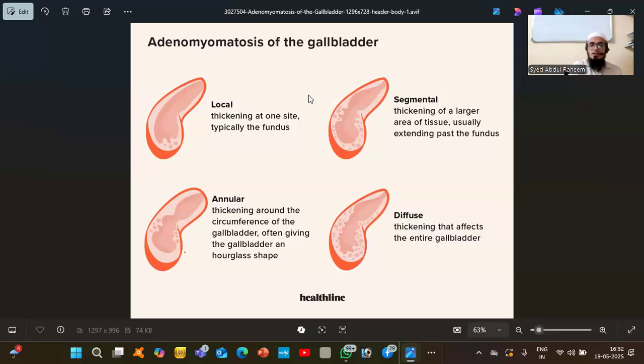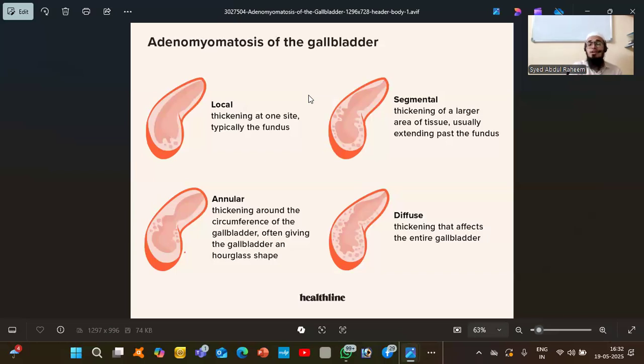liver and gallbladder. Okay. So in that, what is the investigation of choice? For adenomyomatosis, the first investigation of choice is ultrasound. In that only you will know about the thickening. What is the thickening? Whether it is any irregular thickening or any problematic, infective thickening. What do we have to diagnose about that?